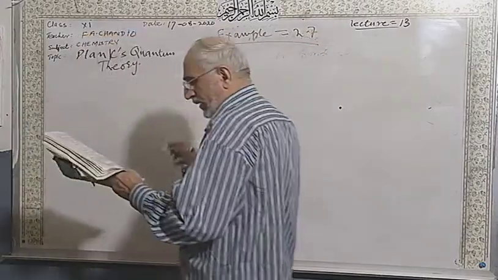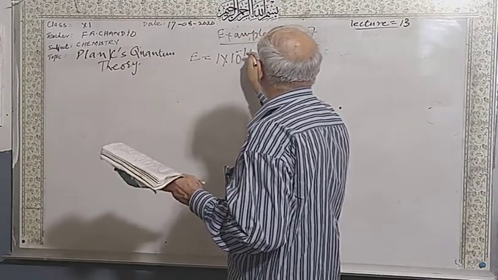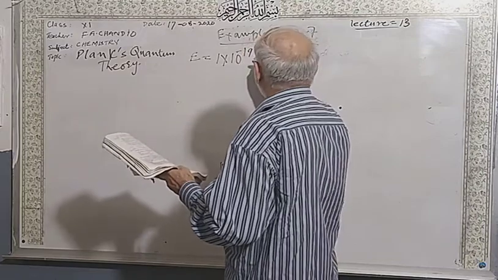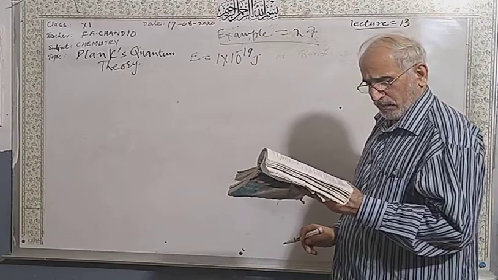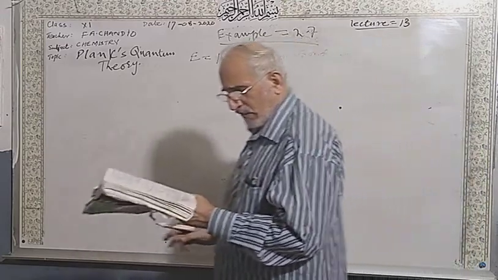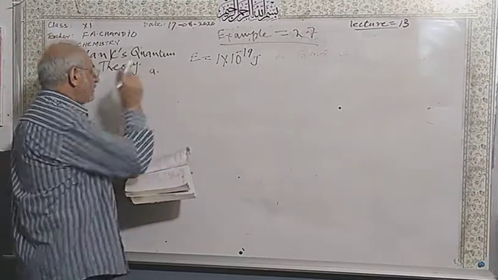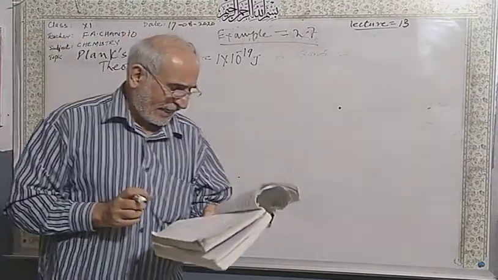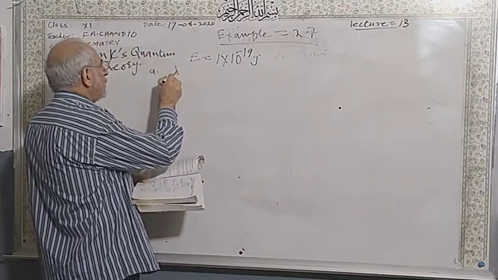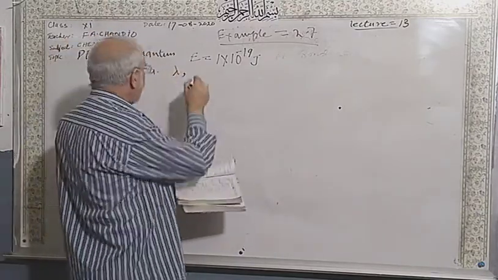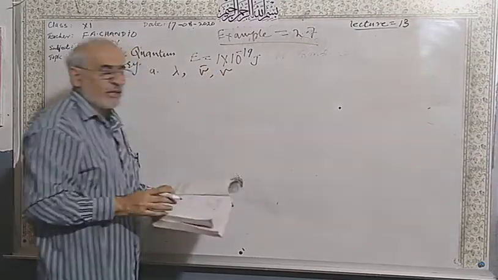The energy of the photon is given, that is 1 into 10 raised to power minus 19 joules, emitted by the source of light. The question is to convert this light into wavelength, wave number and frequency.